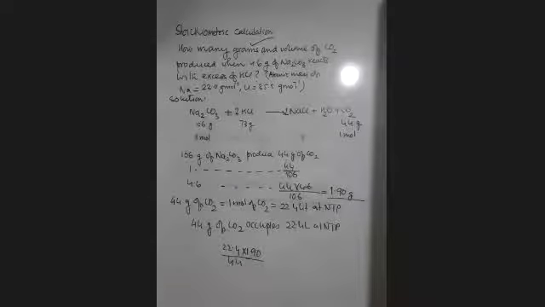Where is the calculator? 22.4 into 1.90 divided by 0.96. 0.967. So you can round up, you can write 0.97. It is 0.97. Okay, 0.96.